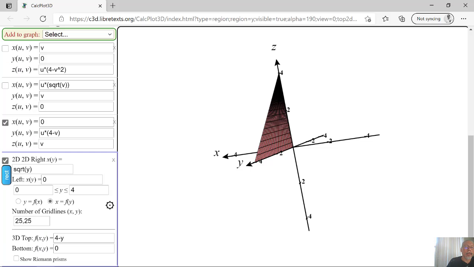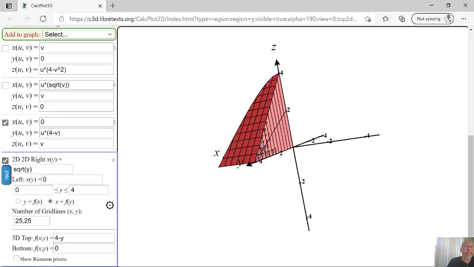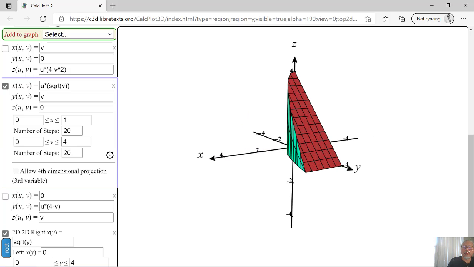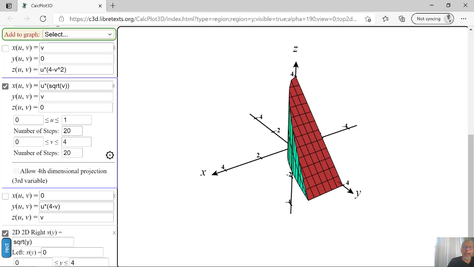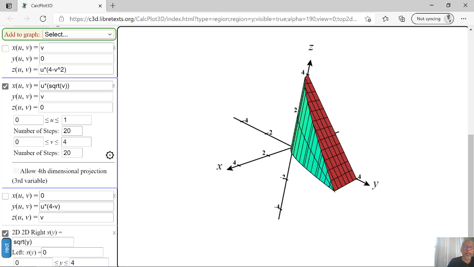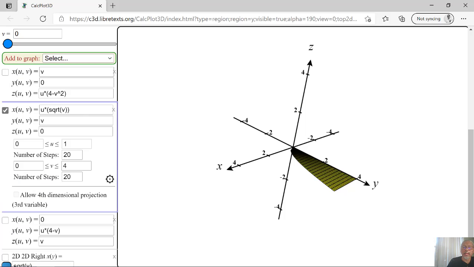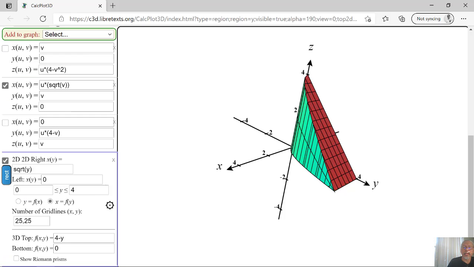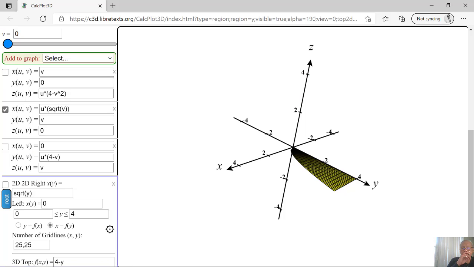Now if we want to take a look at what happens on the XY plane, what we want to see is the shadow that this makes on the XY plane. So if we want to uncheck the region, you see the shadow that it makes on the XY plane. We'll recheck and uncheck, and you can see it disappear and reappear and see that that is in fact the shadow.